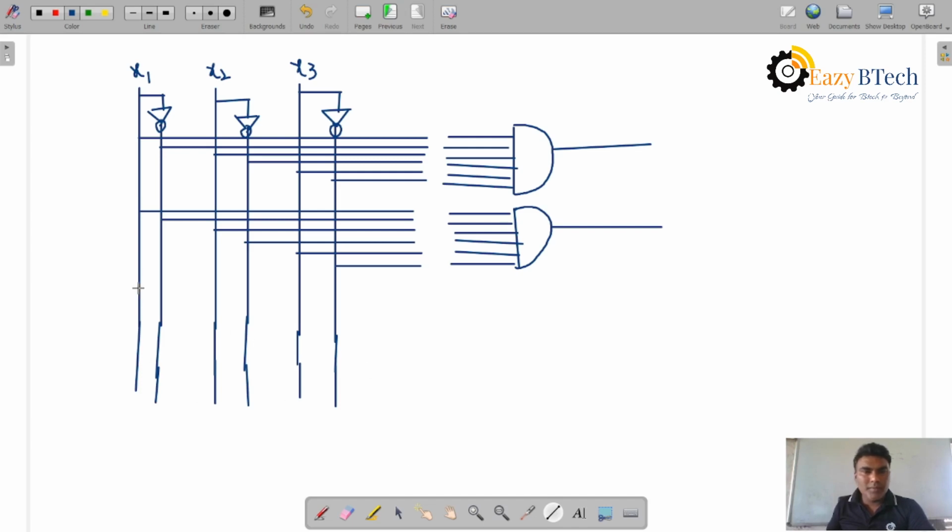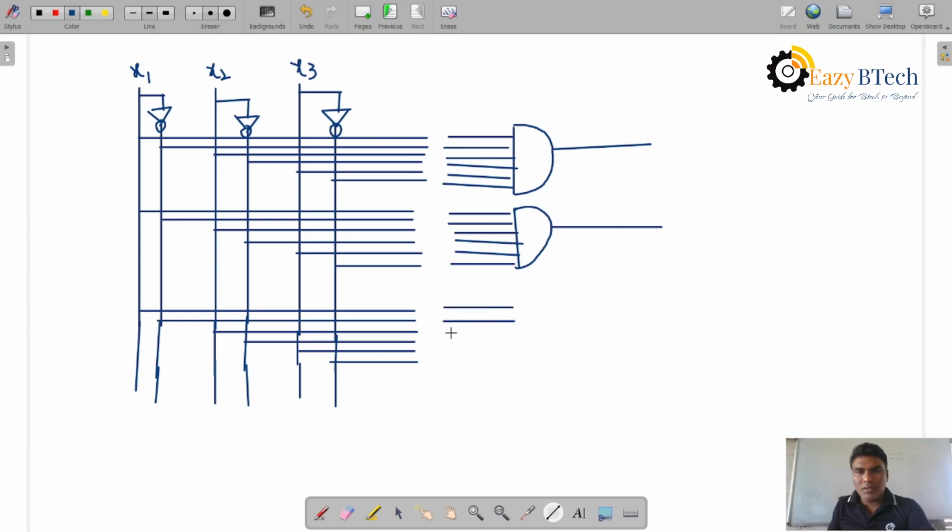Let me take another product term: 1, 2, 3 and 4. You can explain this in the external examination; it will be asked. You can draw the structure in detail with the fuse connections.